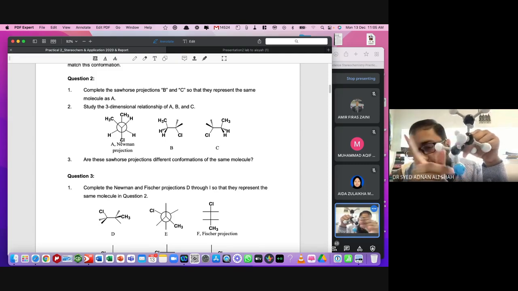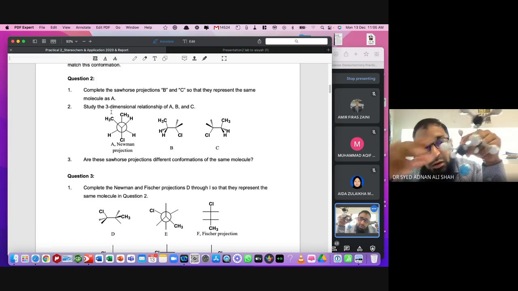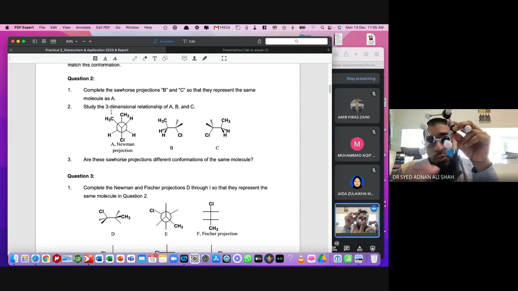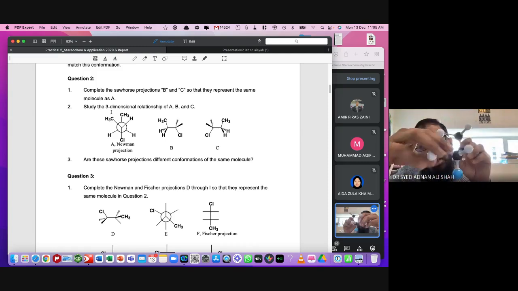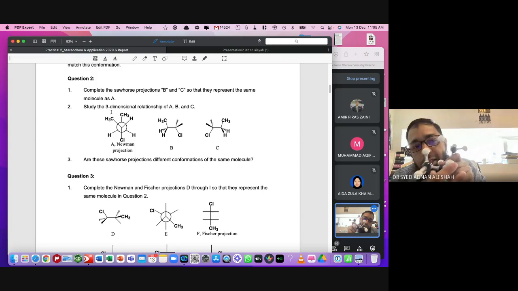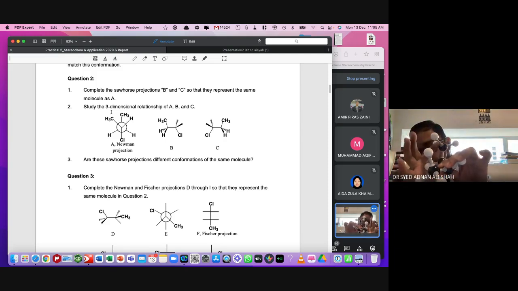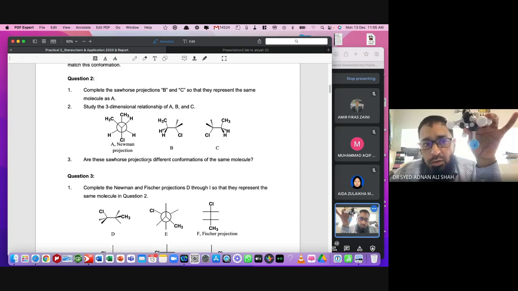And then this one is the hydrogen, and this one is the methyl. So you can see the chloride, the hydrogen and the methyl group. And at the back you have these two hydrogens and this methyl group, like this. This is how the Newman projection of this molecule looks.